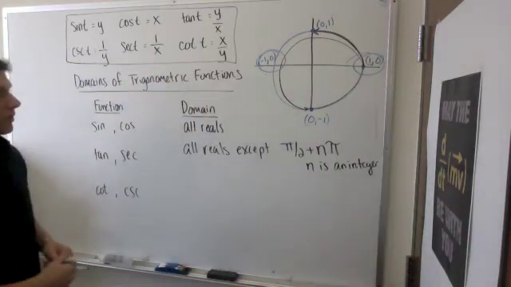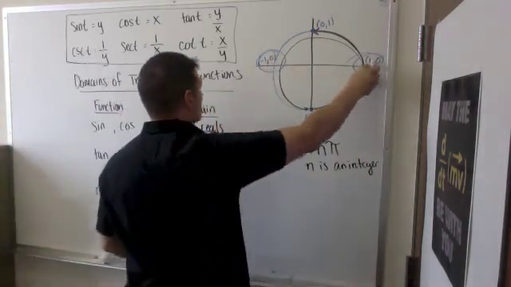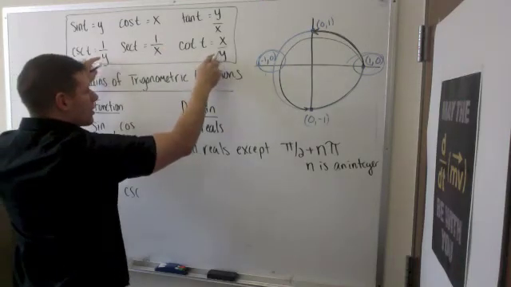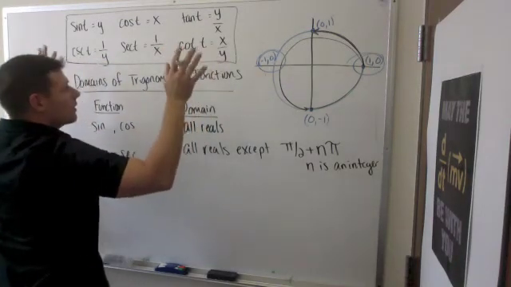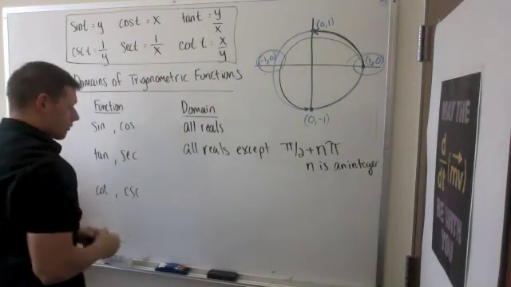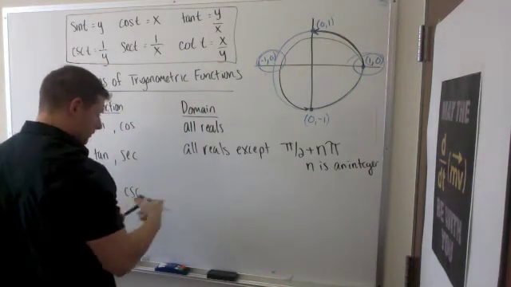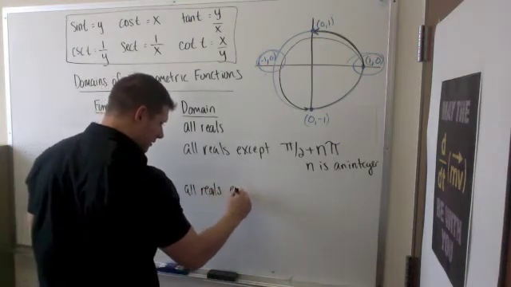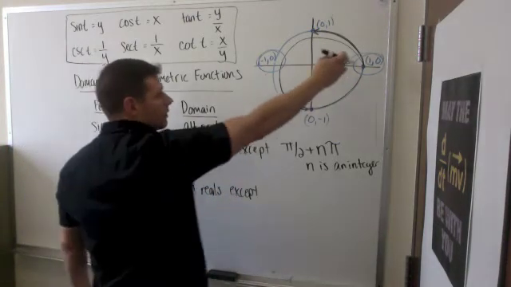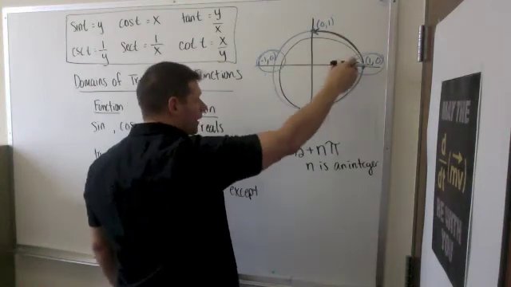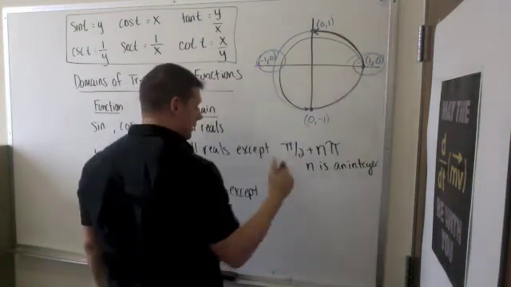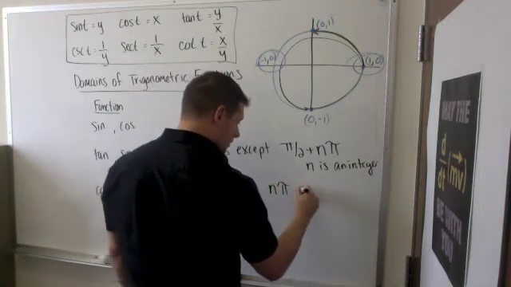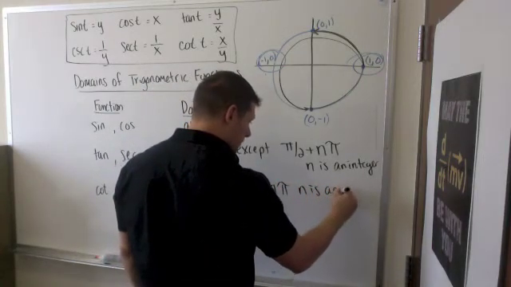You can't divide by 0. So it's all reals, any number can be put in, except for the ones that make the denominator equal 0. So it's all reals, except pi, 2 pi, 3 pi, 4 pi, okay, except n pi, where n is an integer.